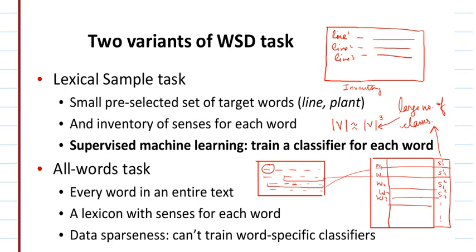So this method is practically not very efficient, and it will lead to a sparse matrix while training the data, which does not lead to very good results. So this is not practically applicable, but for a small corpus or small size text, this can be workable. We will not be seeing this kind of task; we will be seeing the lexical sample task.